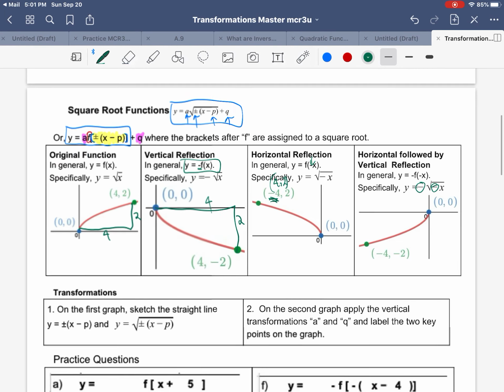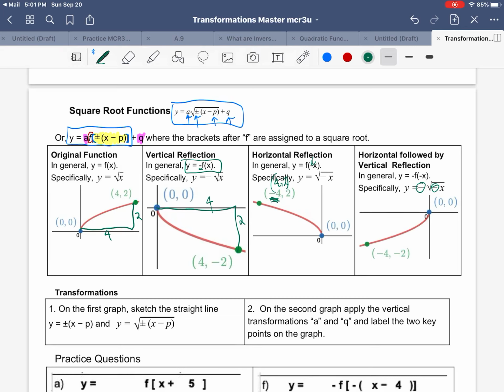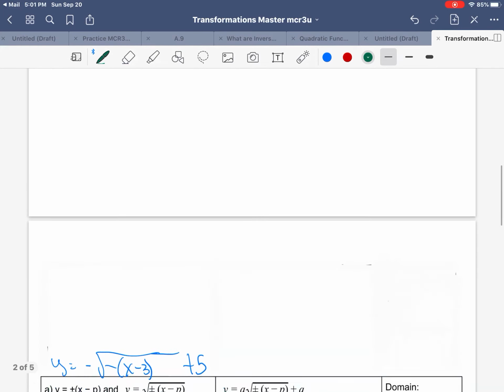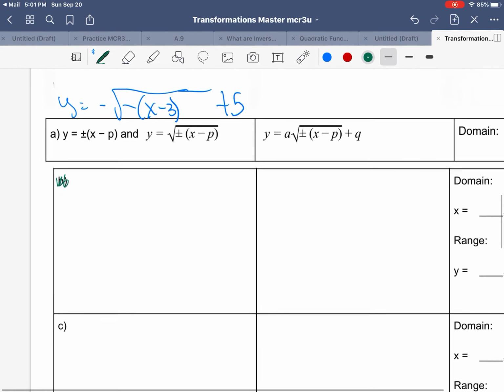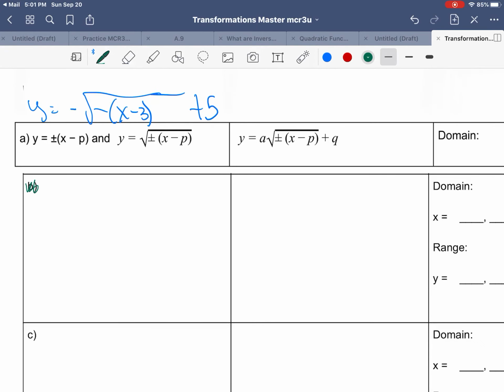Okay, and you're going to have a copy of this handout. So here's what we're going to do. These are the practice questions, but we're going to go through this example right here. So y equals negative square root of negative x minus 3, plus 5. Okay, and this also could be written as y equals negative f of negative x minus 3, plus 5, where f is square root.